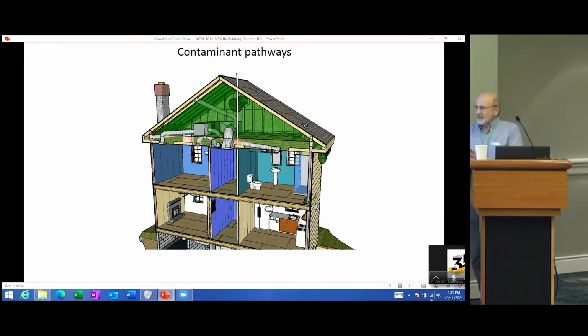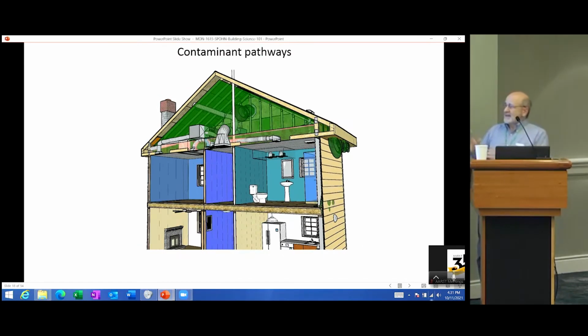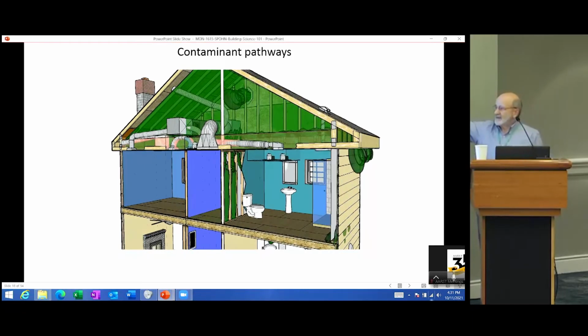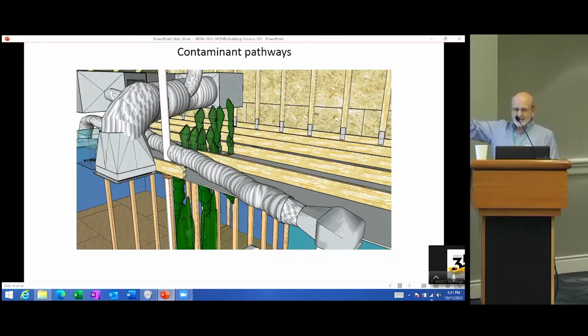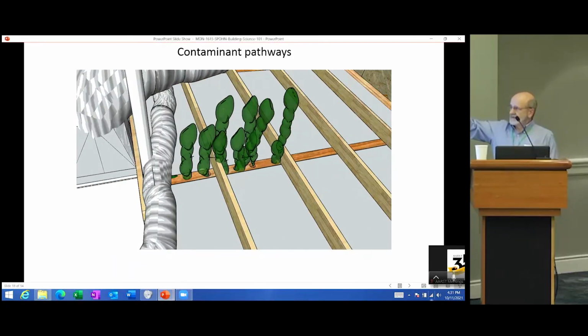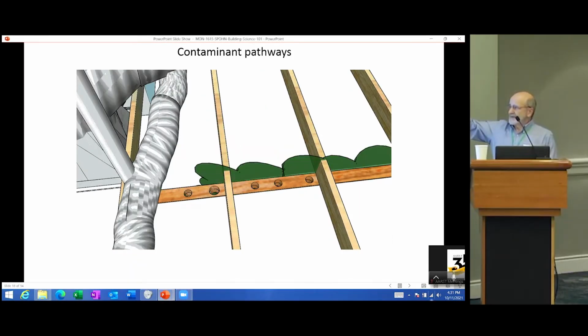This is an illustration of the contaminant pathways, and the green air is the outdoor air. We're going to walk through here and see how it can get into the indoor area. Even though those penetrations are there for electrical wiring, plumbing, maybe for chimneys, stacks or ventilation, there are also those tiny gaps between the wallboard and when the walls are installed.